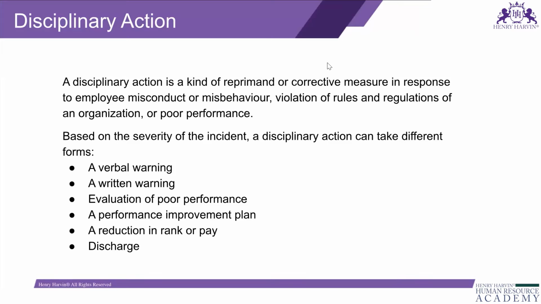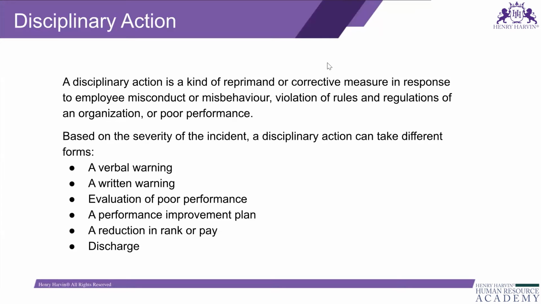The employer or the HR department can take disciplinary action over that particular employee. It depends on the severity. Say, for example, an employee is not obeying the rules and regulations of the organization, then initially a verbal warning will be given.